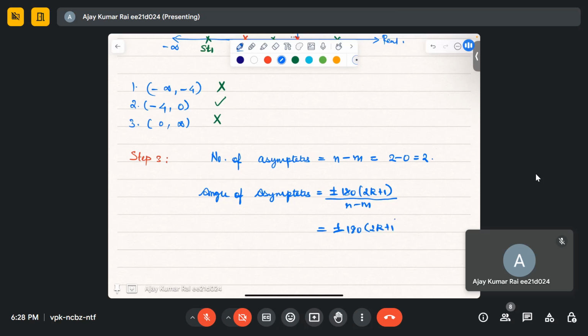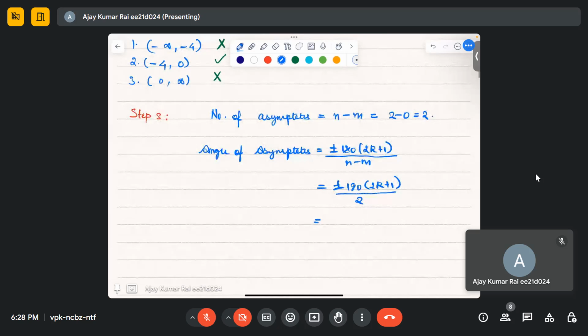If we place 2, there are two root locus branches, so you can take plus 90 and minus 90, or you can say this is 270. So two asymptotes: one is making 90° with the real axis and the other is making minus 90° with the real axis.